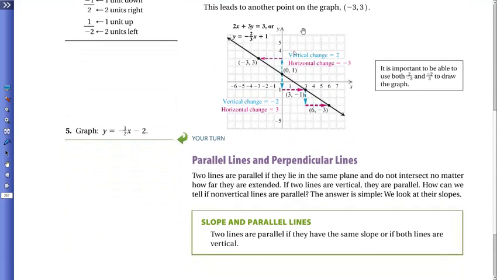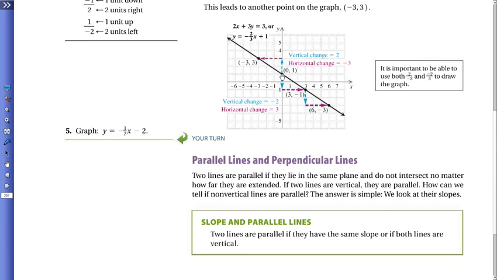It's a good read, but I like pictures, and that's why we graph things, because it becomes very visible what's going on. So we end up with y equals -2/3 x plus 1. My y-intercept is (0, 1) right here, and my slope is -2/3. I could write that as -2 over +3 or +2 over -3.